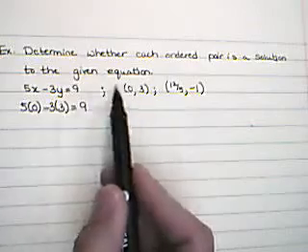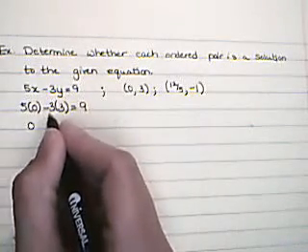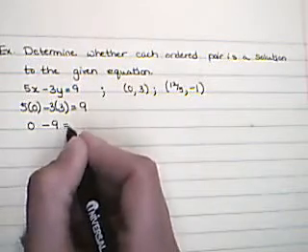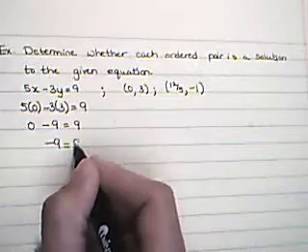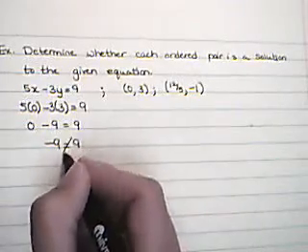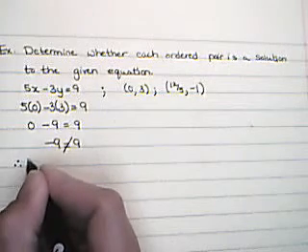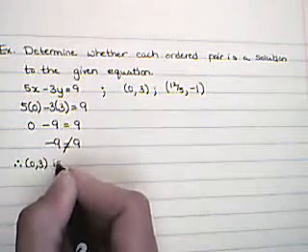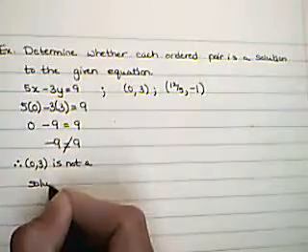So all I've done is substituted for the x and the y. 5 times 0 is going to be 0, negative 3 times 3 is negative 9, and finishing the equation, we're left with negative 9 equals positive 9, and we know that's not a true statement. So therefore, (0, 3) is not a solution to that particular equation.